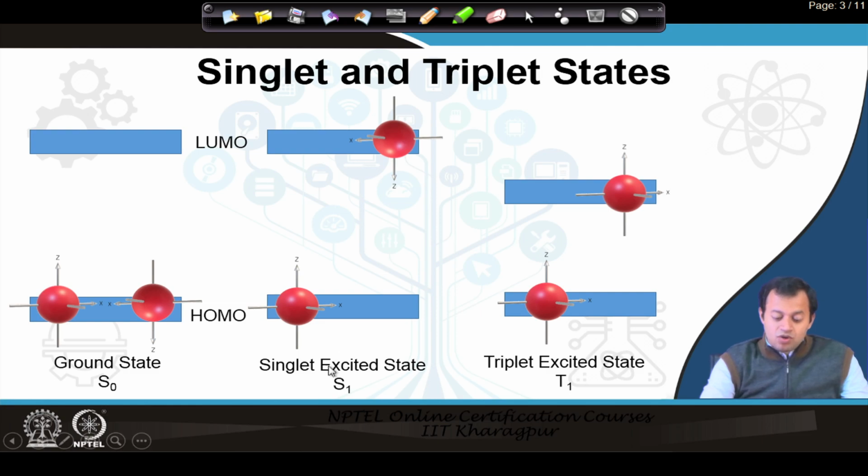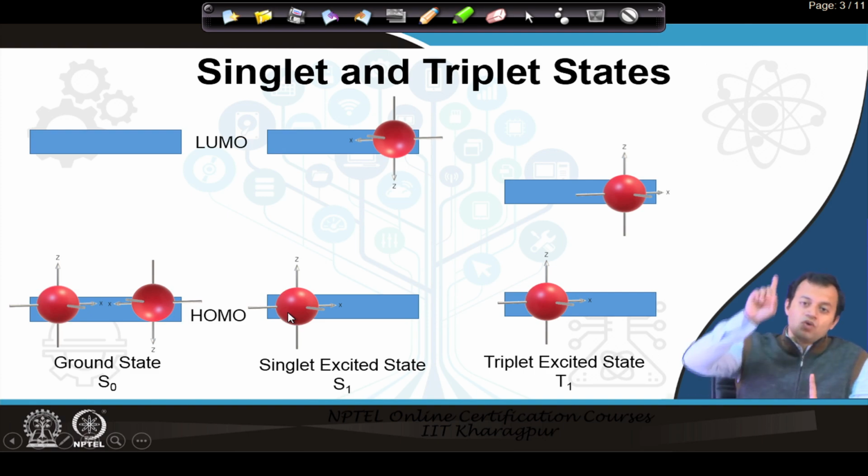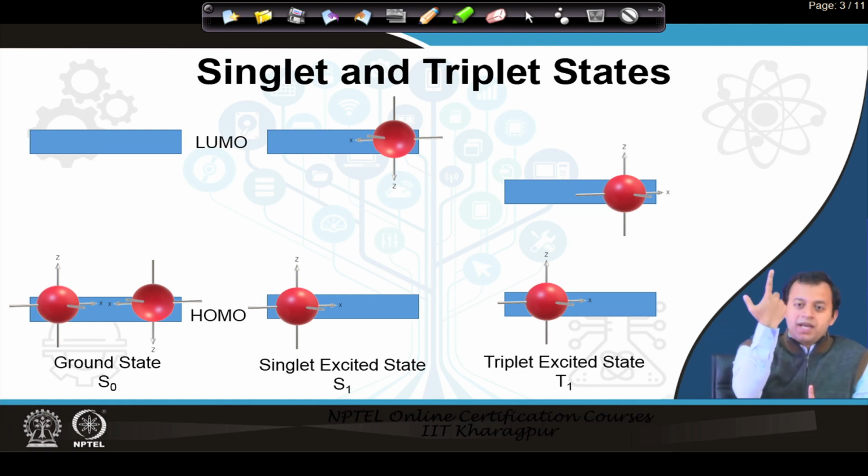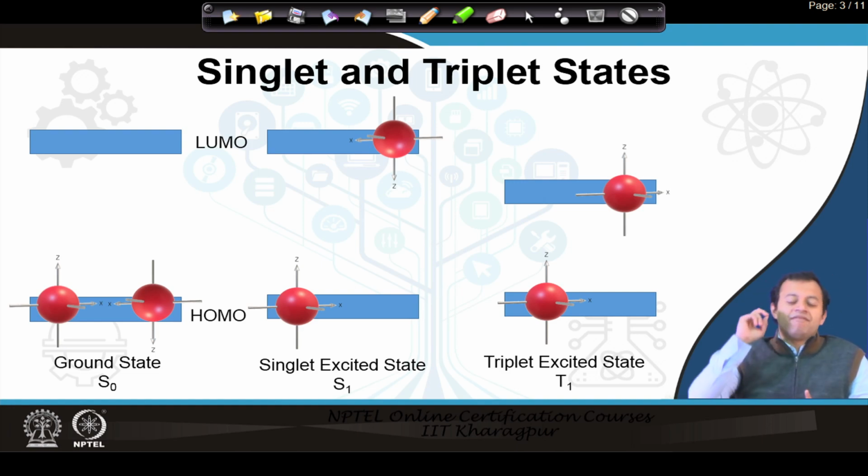This can very strongly return back to its original position and it will be in a ground state, but this cannot. Meaning, if you have been able to excite an electron from a lower level to a higher level, and at the higher level somehow you have turned its spin, it will have difficulty returning back to the ground state.